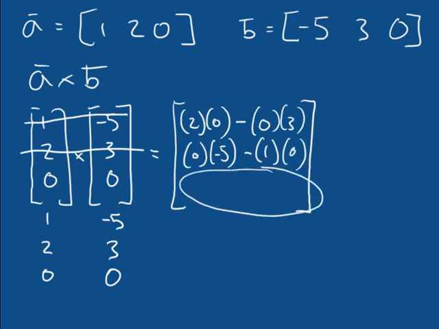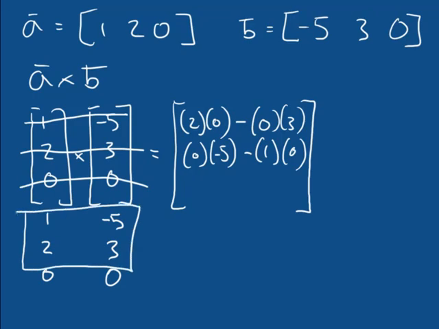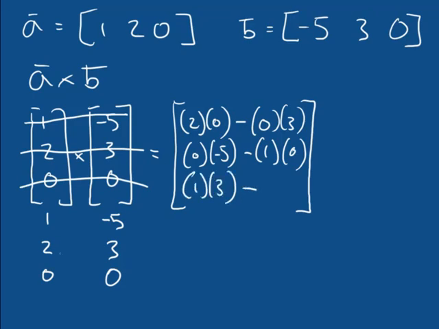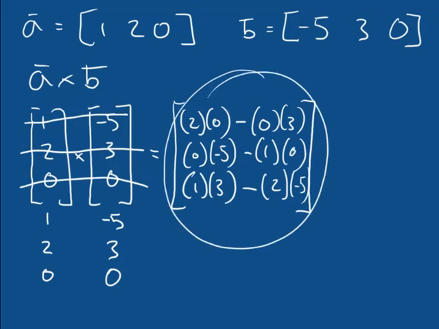And then for my third and final component, I take the third row of numbers and I put a cross through it because I'm interested in these next 2 rows of numbers, and I'm going to apply our rule. Top left multiplied by bottom right, so 1 multiplied by 3, minus bottom left multiplied by top right, 2 multiplied by negative 5. Now that we have that, we can actually work out these values.